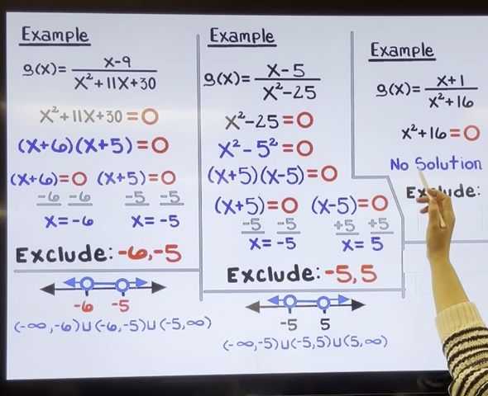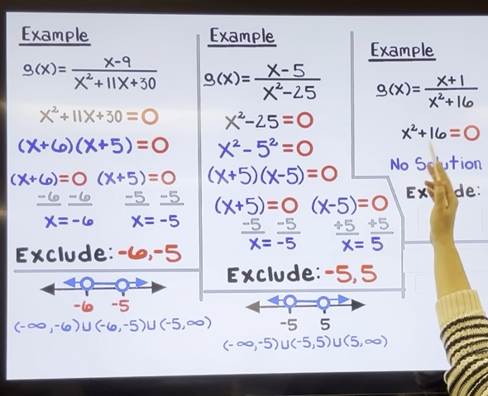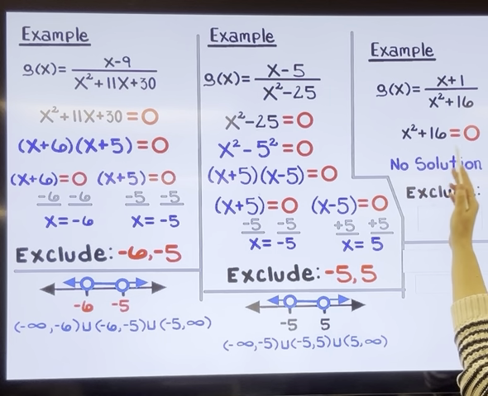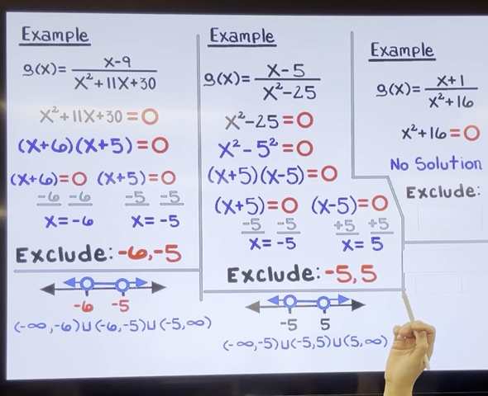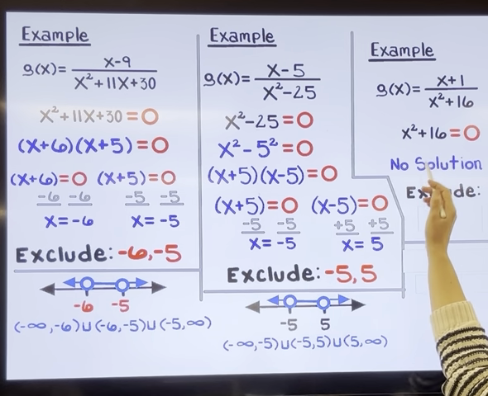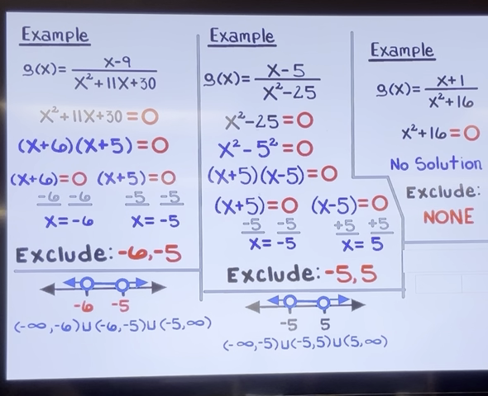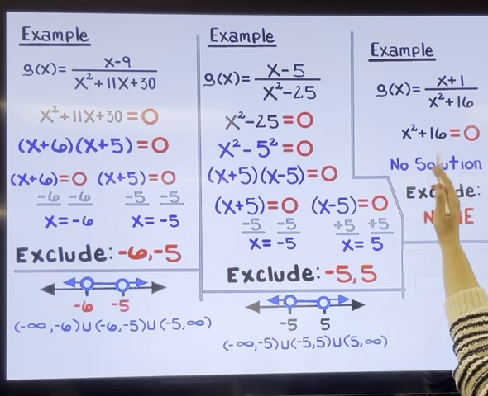In other words, there's not a number out there that I can square, add 16 to it, and have it equal 0. So there's not going to be a number that I can plug into this equation and make me divide by 0. So we're not going to exclude anything, because this equation doesn't have an answer.